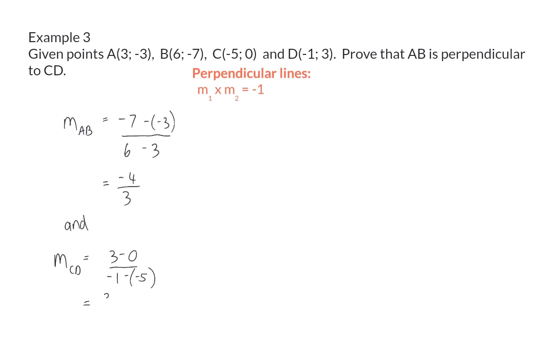This gives a gradient of 3/4. Next up, I'm going to determine the product of these two gradients. This will then be -4 over 3 multiplied by 3 over 4, which is a product of -1, and therefore we can say that AB is perpendicular to CD.